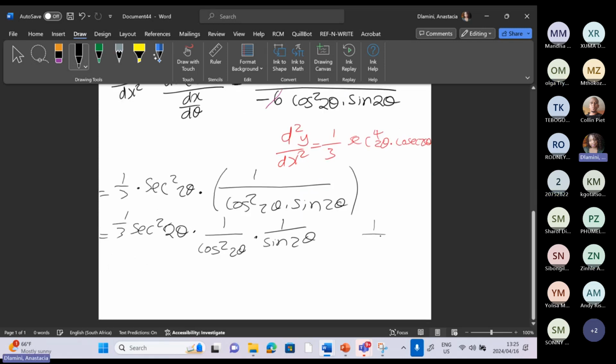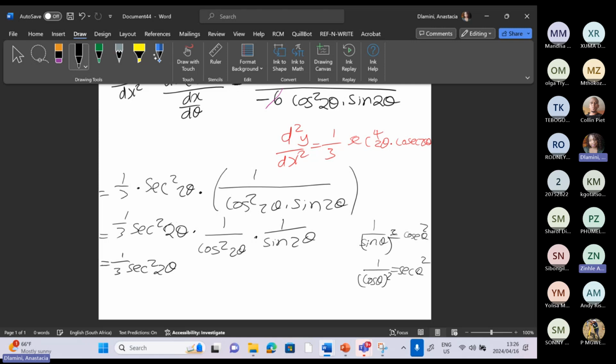And we know that 1 over sine theta is equal to cosec theta, and 1 over cos theta is equal to sec theta. So this will be equal to 1 over 3 sec squared 2 theta. Guys, don't be confused: if this is squared, this just means this is also squared, and if there's a 2 theta in here, it means there's a 2 theta there.